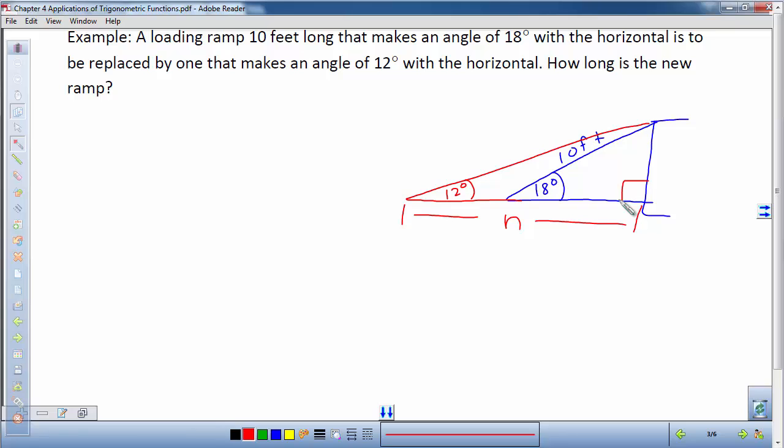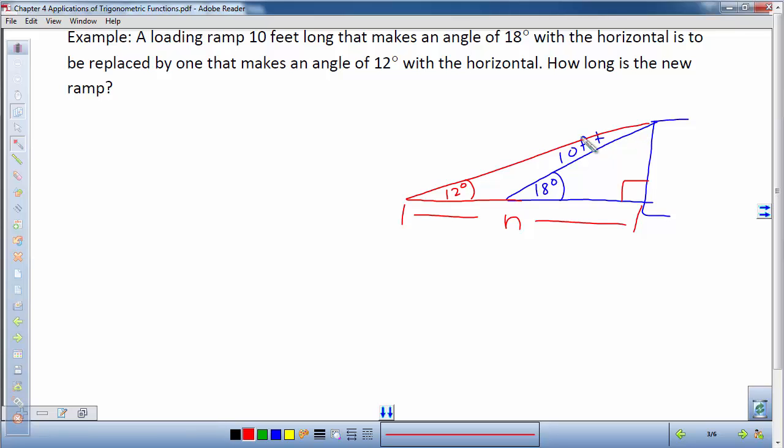Opposite side of n, 12, because that's going to follow this diagonal. Say that again. Well, n is what we ultimately want to know. Is the red triangle still a 90 degree angle there?